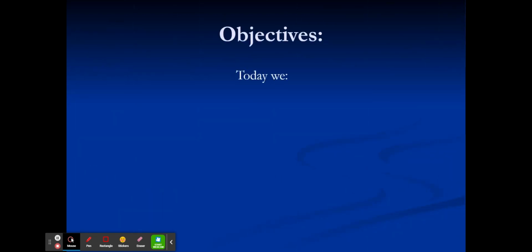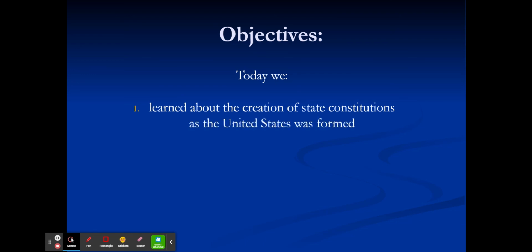So, today we learned about the creation of state constitutions as the United States was being formed, right? The government naming what you could and could not do, including freedom of religion and freedom of speech. Remember, as a part of that, 5 states also passed laws saying you could not have slavery.